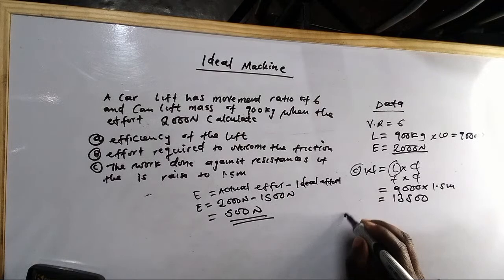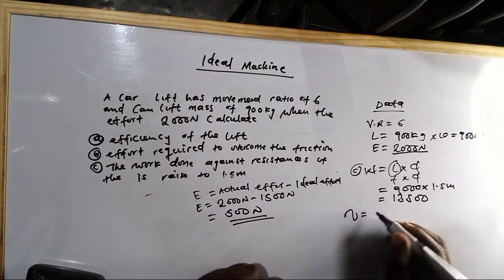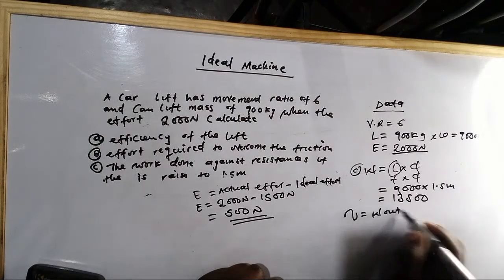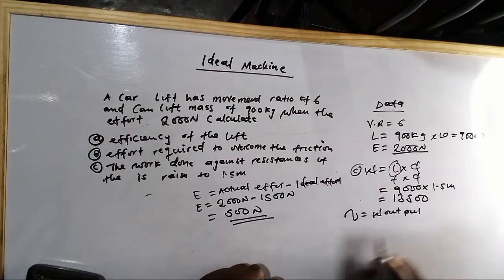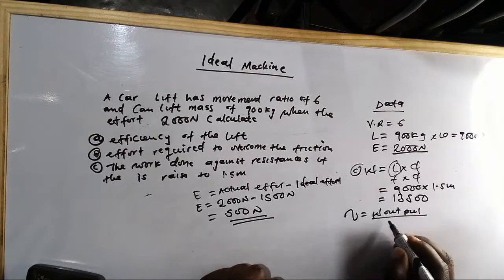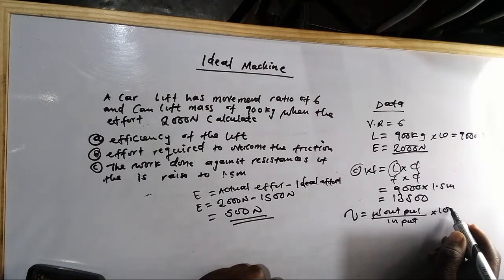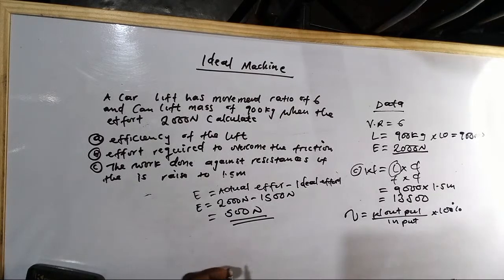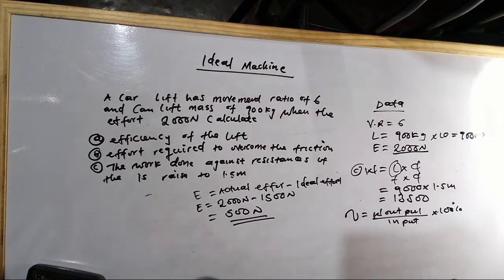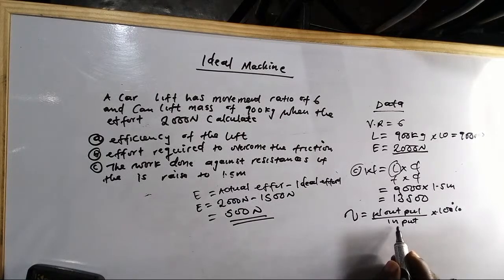So we're going to say efficiency is equal to work output divided by input, then you multiply by 100%.